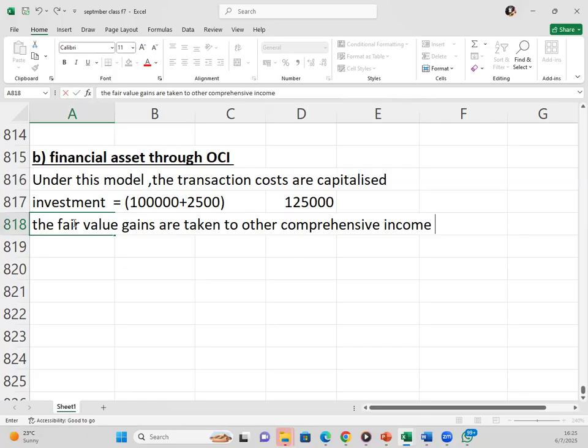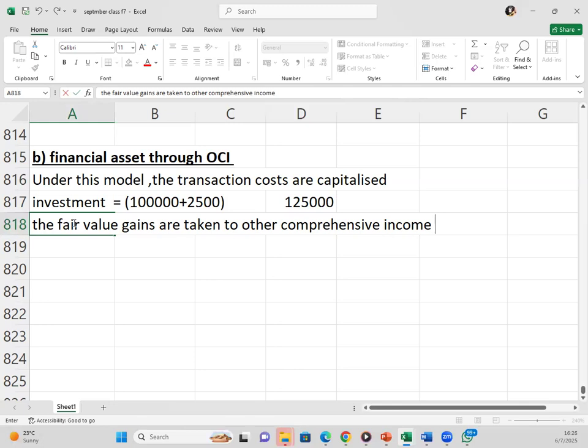Okay, let's proceed. So I was saying the gains are taken to other comprehensive income. Not maybe the fair value gains yet, the gains or losses.